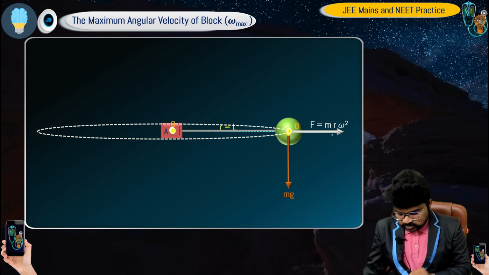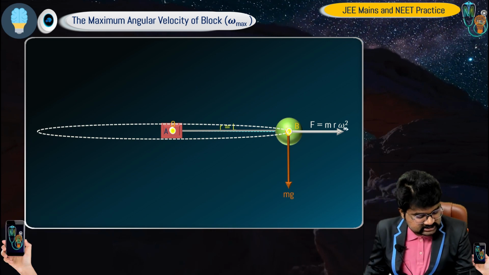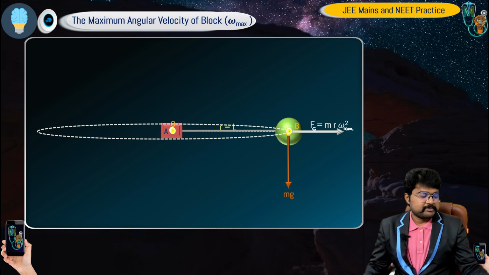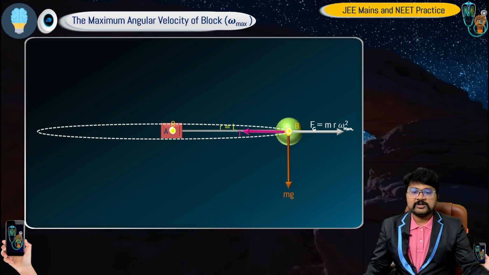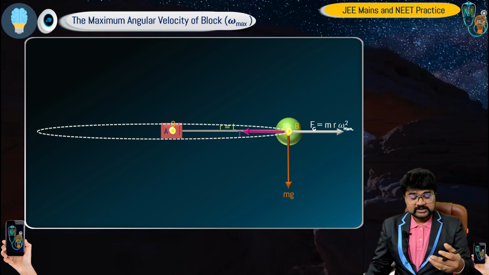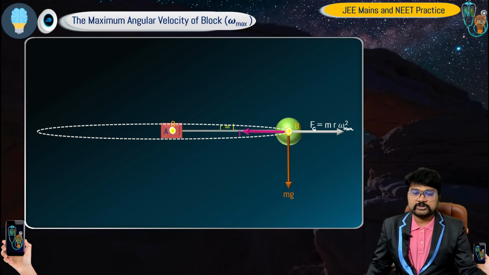Omega maximum, maximum angular velocity condition. In that case, FC maximum, maximum centrifugal force, and tension in the string, this is the tension in the wire. Tension always pulls the body.